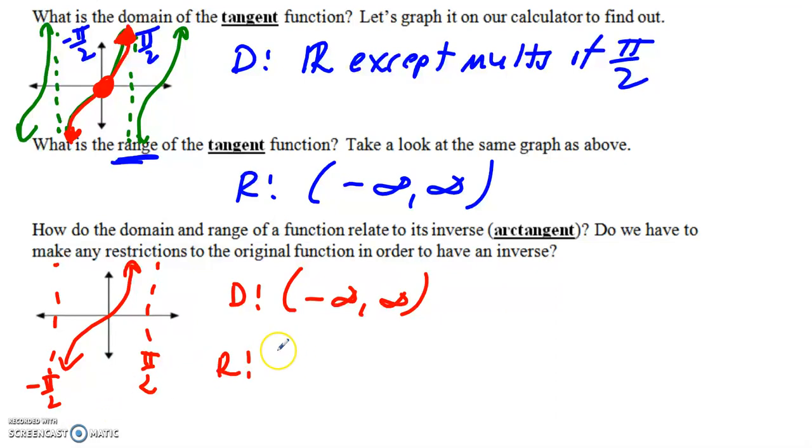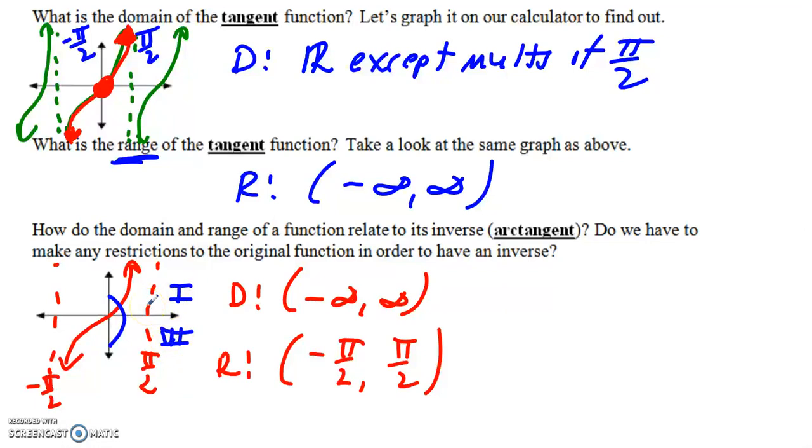So your range would be -pi over 2 to pi over 2, but you can't include the pi over 2's. So that means that just like the sine function, your tangent function is possible in the first and fourth quadrant.